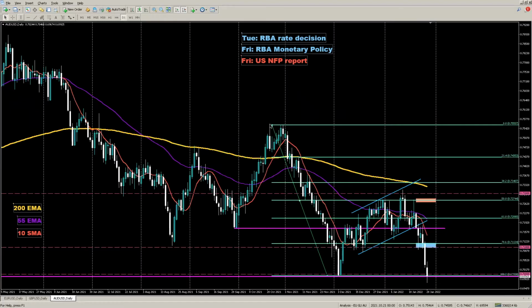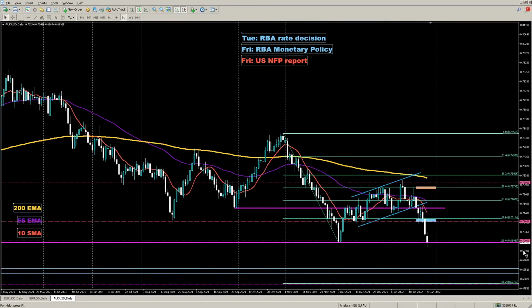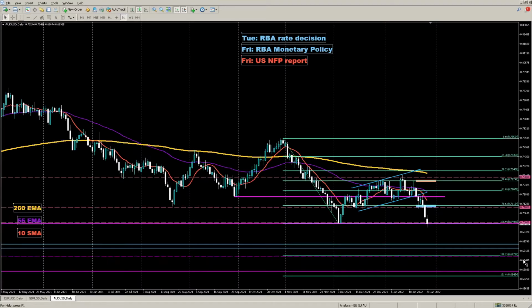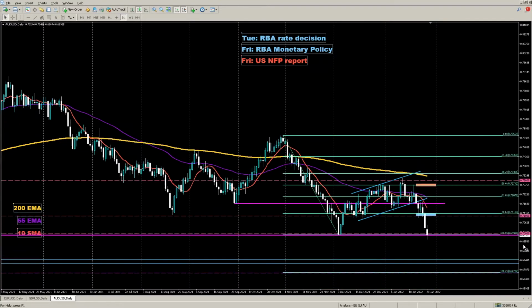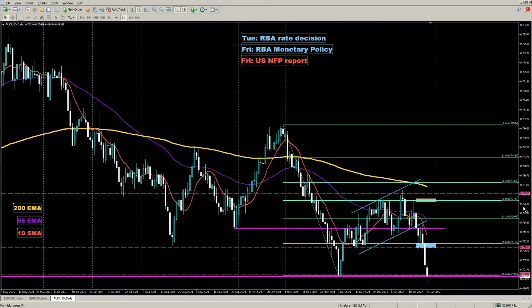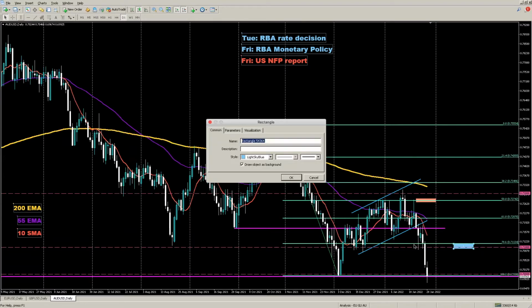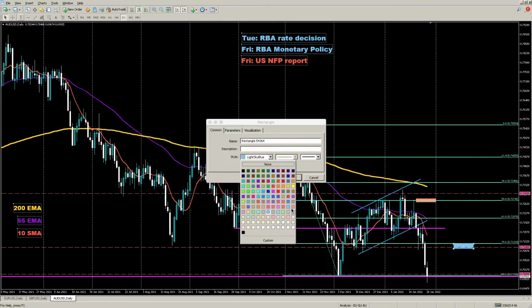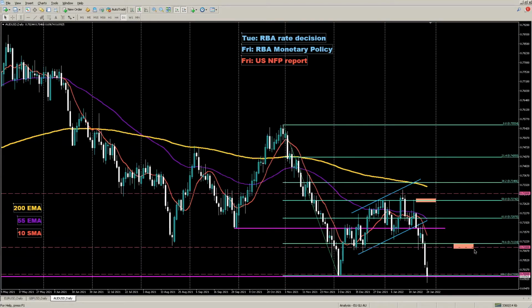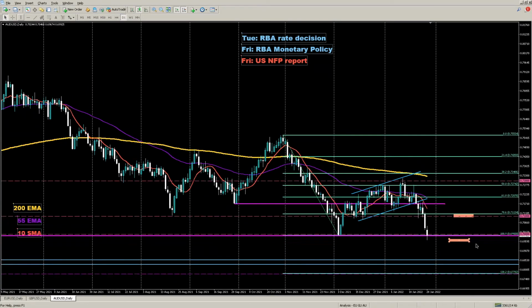Okay, let's move back to the daily time frame. All right. So critical week for the Aussie dollar. Let's move this over here now, and this is going to be resistance. Let's move this down to support zone.